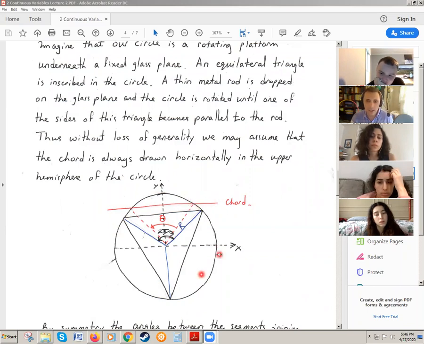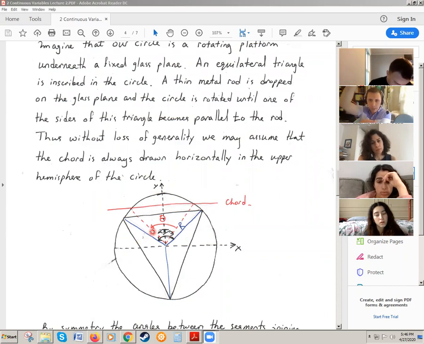So you have a rotating platform. And when I drop the chord, I rotate the platform so that this designated side of the inscribed triangle is parallel.